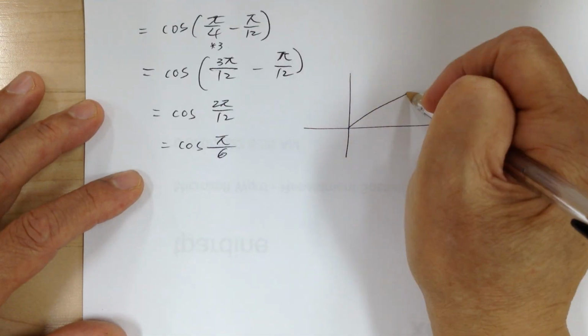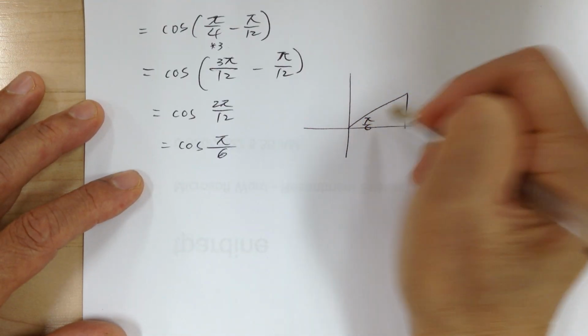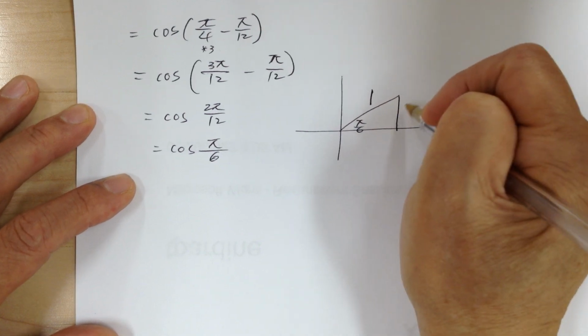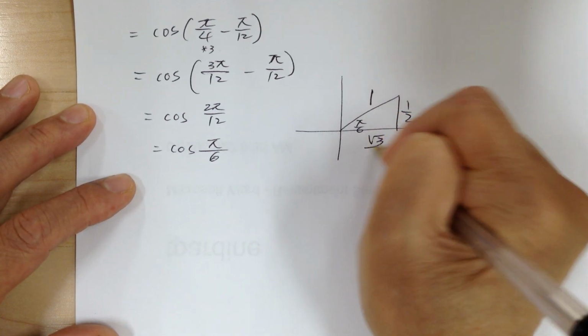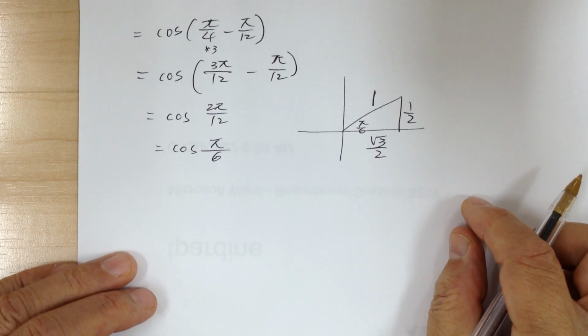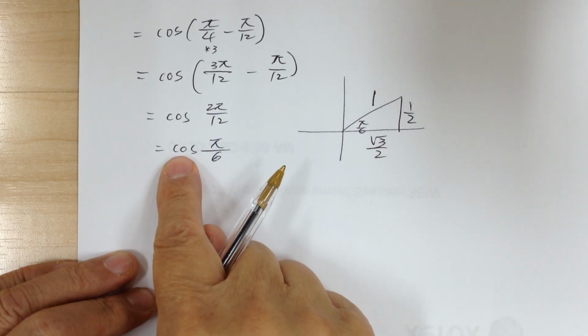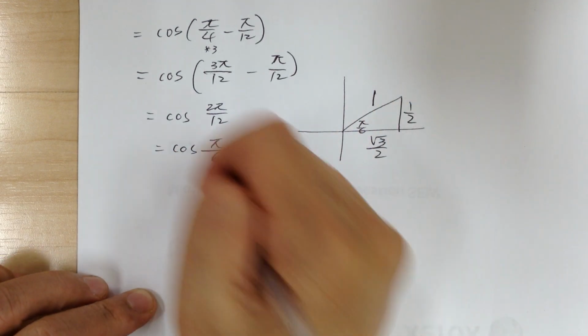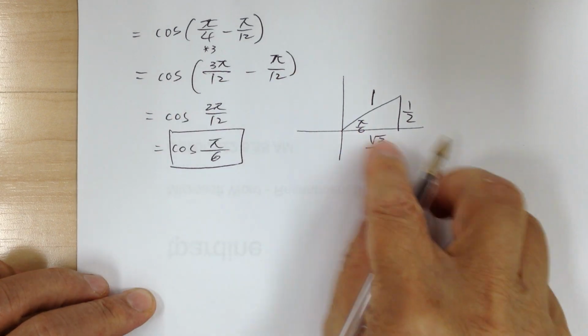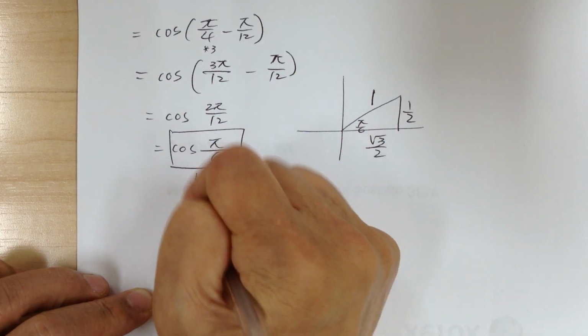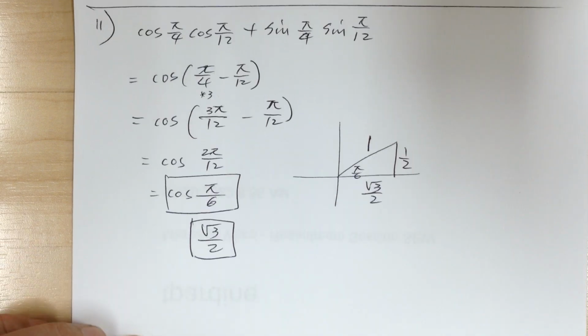Okay, so pi over 6 is a 30-degree angle. So this would be 1/2, square root of 3 over 2. Now you have to apply the function. Cosine is this over this, so this is one answer, and this would be square root of 3 over 2.